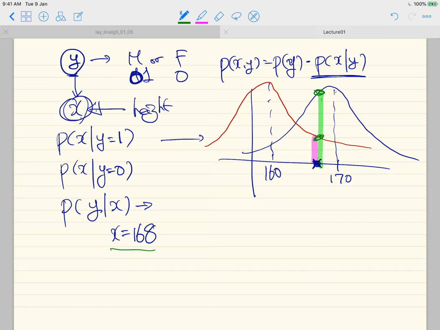The reasonable policy is to choose whichever probability is higher between the two. So in this case, it is reasonable to choose this higher probability that corresponds to this green line, which comes from the distribution when the label is given as 1, right?